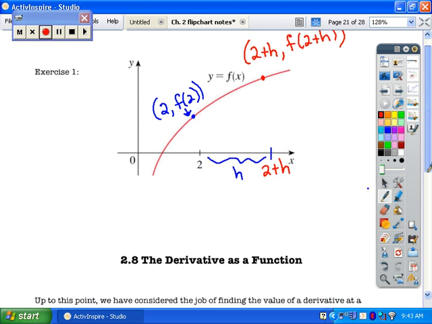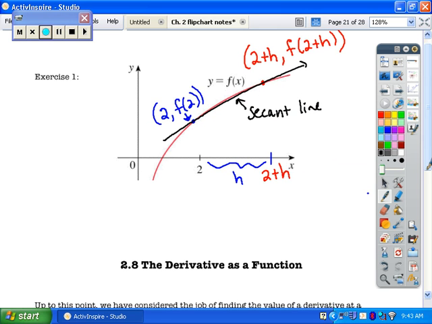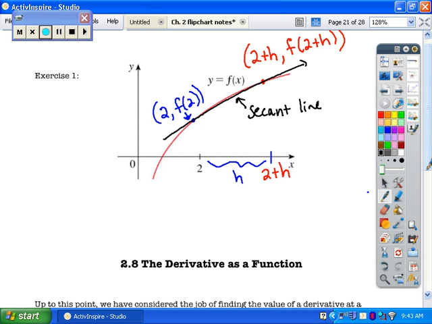Okay. Now, if we were going to try to compute the derivative at 2, what we would do is, if you think about this, we would connect these 2 points to create a black line, which is our secant line. So now, if we were to just look at the slope of the secant line, what would we do to calculate it?